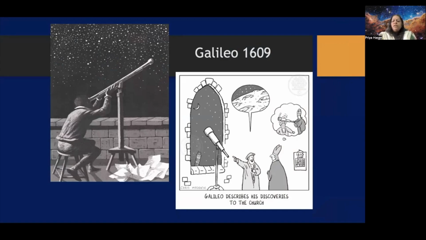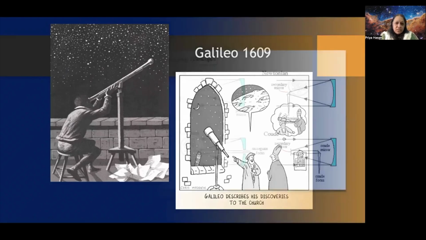For example, looking at the satellites of Jupiter, which was a contradiction to the geocentric model, as well as the phases of Venus, which was almost observational proof that the geocentric model does not apply, because otherwise you would not get phases on Venus. And then, for example, the craters on the moon or resolving Milky Way stars. So that could give them the importance of why we need to look at telescopes.